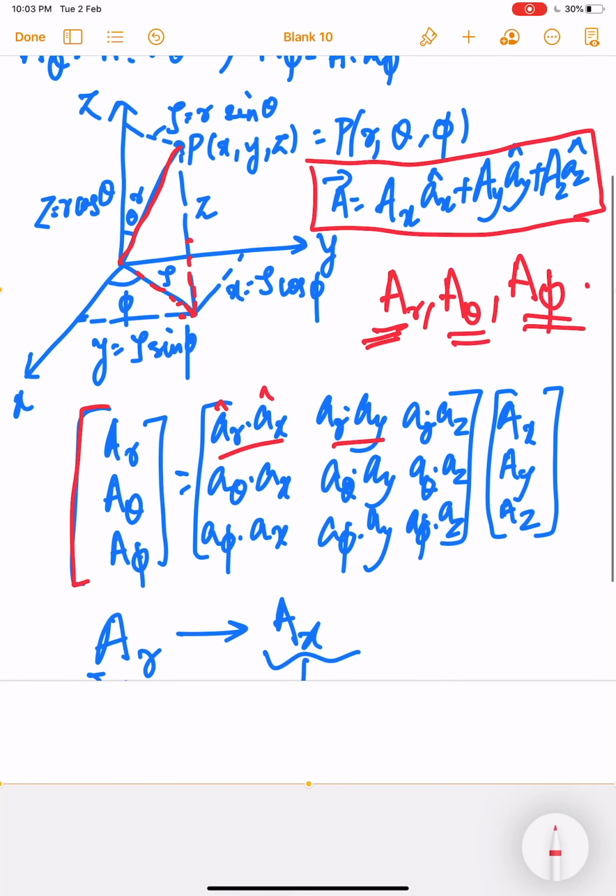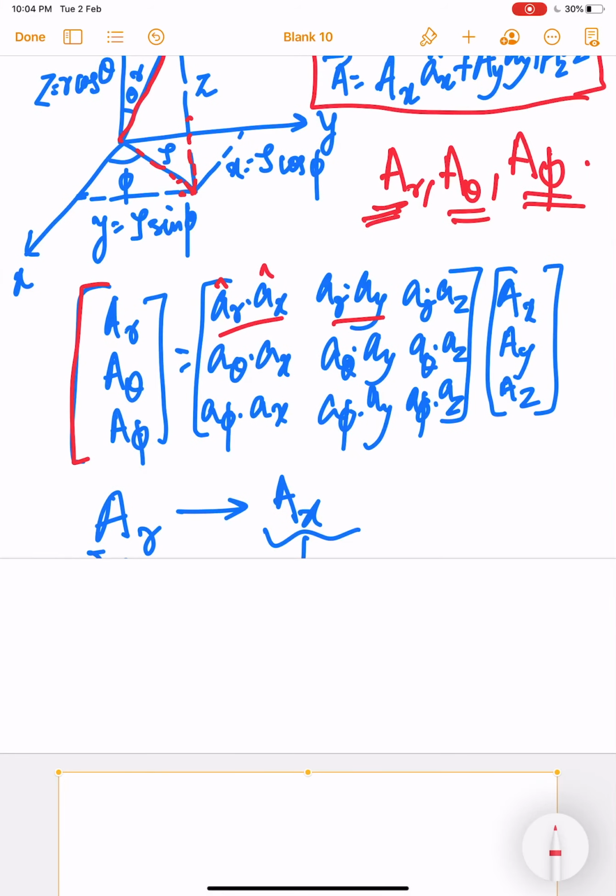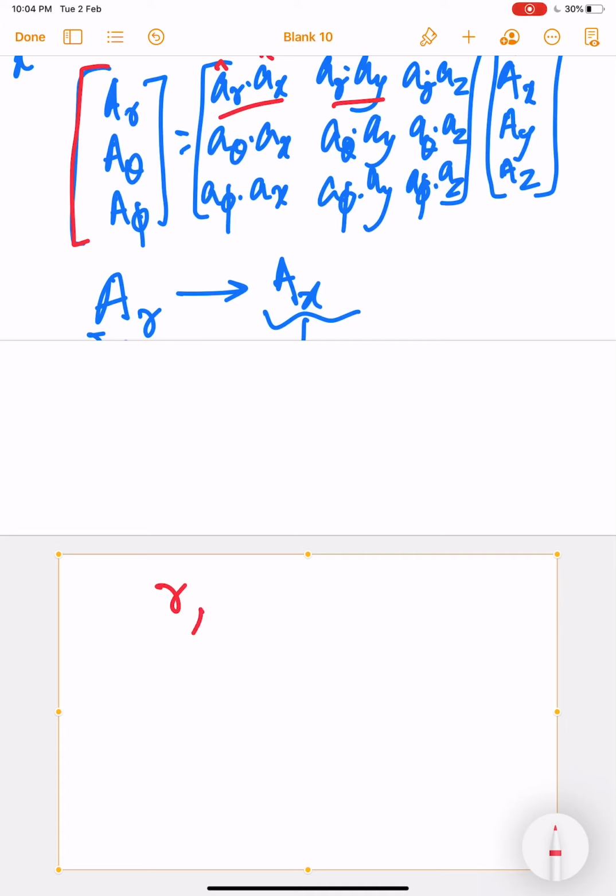Okay, so how can we write this? Well, we can do one thing. We can first take out the angle between R and rho, and then we can take out the angle between rho and x.